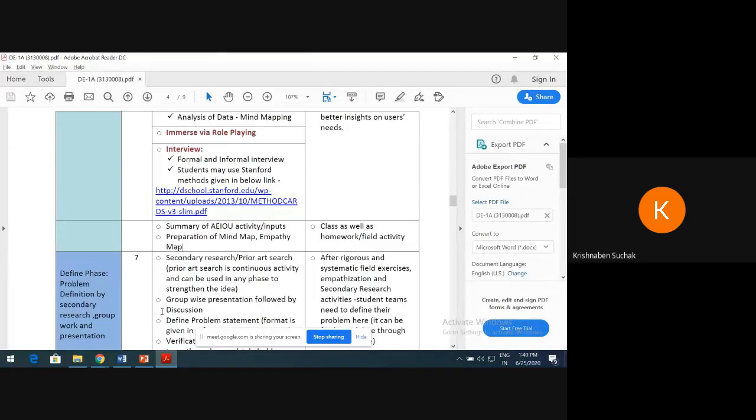So rather than preparing a Google Sheet, you just message me by Tuesday. Message me that, ma'am, we are 3 people in this group and this is our idea. Whenever you message me, I will keep a note that these people have taken this project, and then we will discuss again.